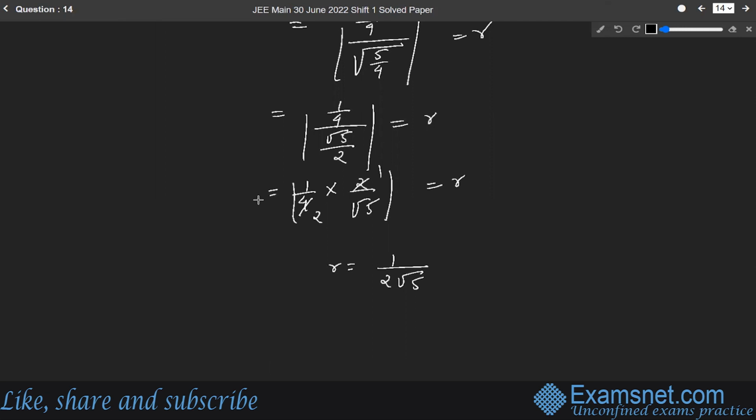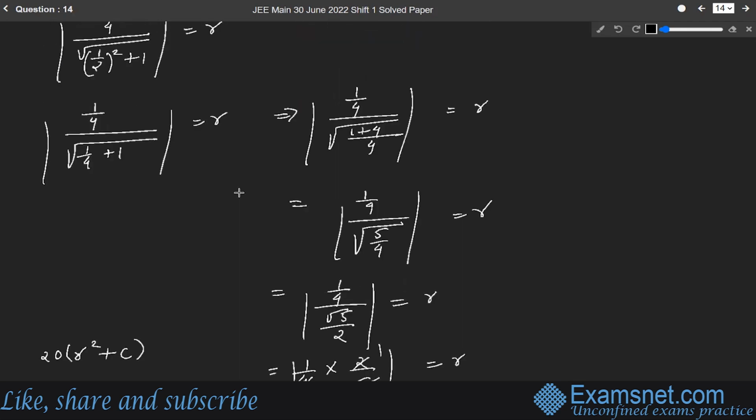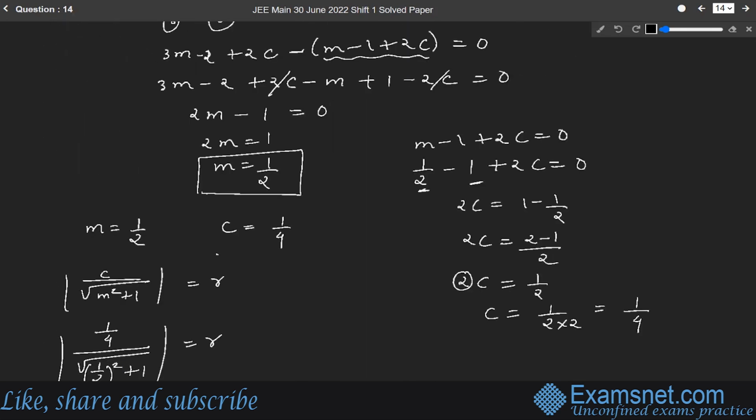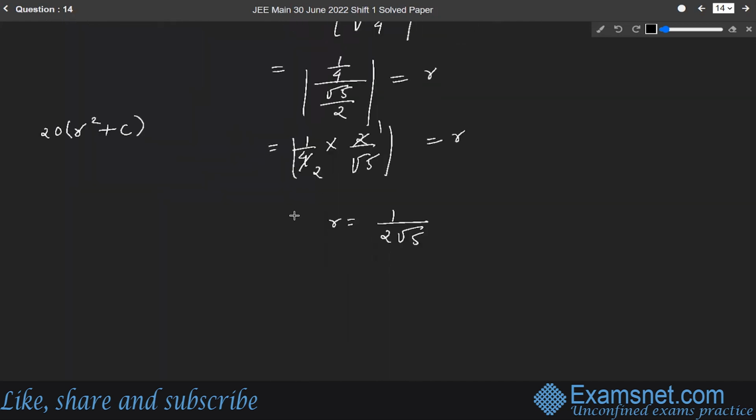Now at last we have to find the value of the expression, which is 20 into R square plus C. We have the value of C; we have just found it. C is 1 by 4 and R is 1 by 2 root 5.